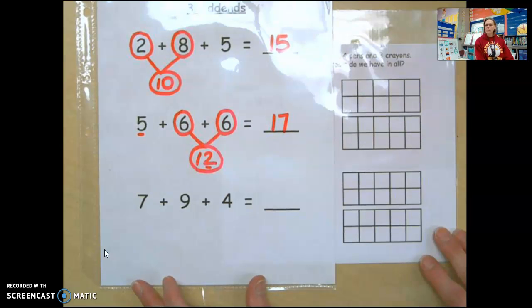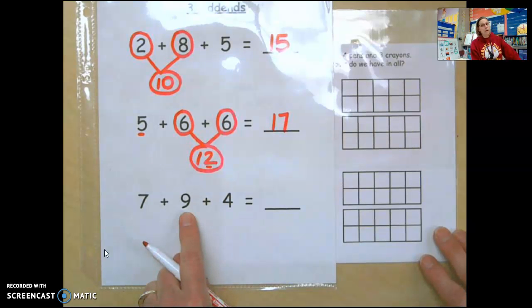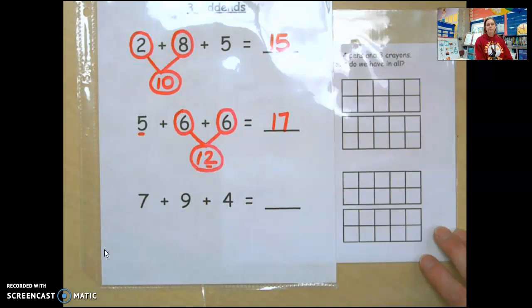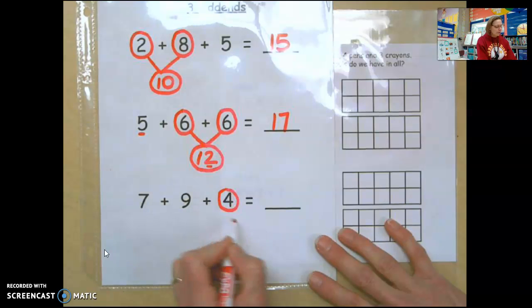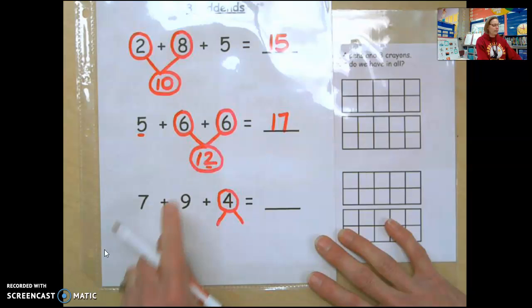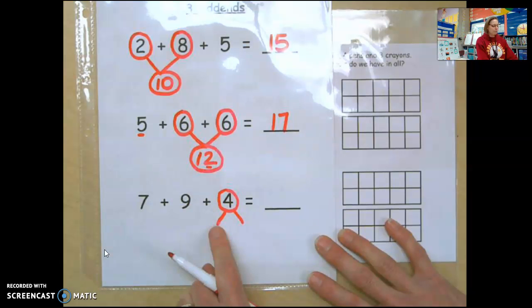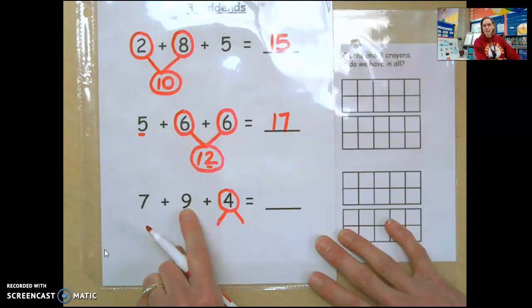I don't see anything that can make a 10. I do know that 9 is really close to making a 10, though, isn't it? What if I were to take my 4? What if I were to split it apart and decompose it? Instead of bringing it together, what if I split it apart? What do I need to make this 9 a 10?